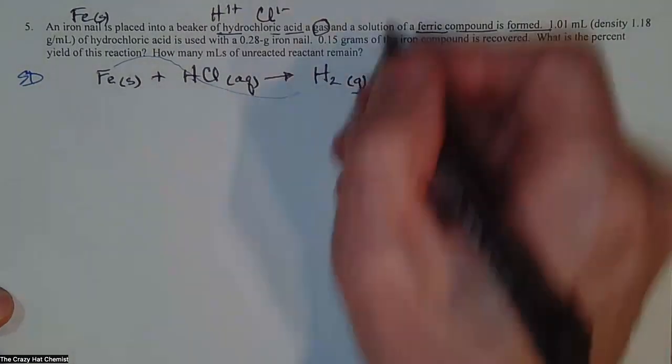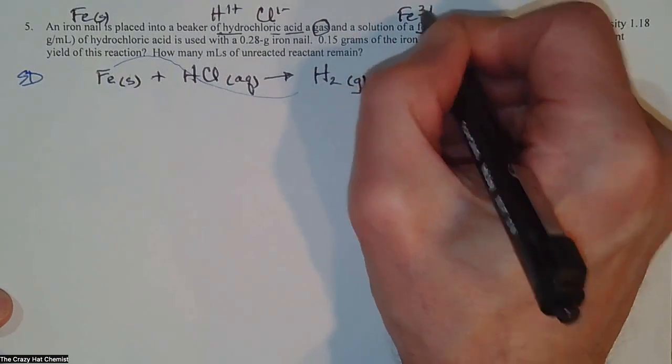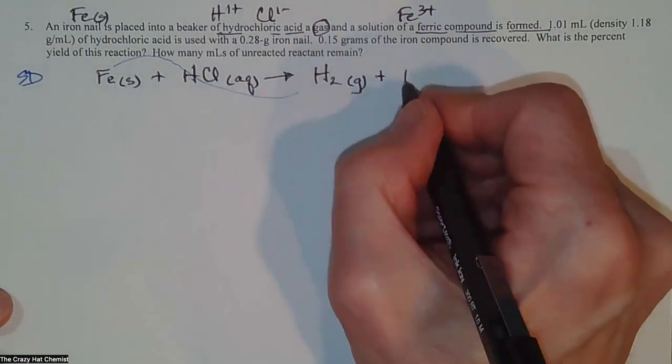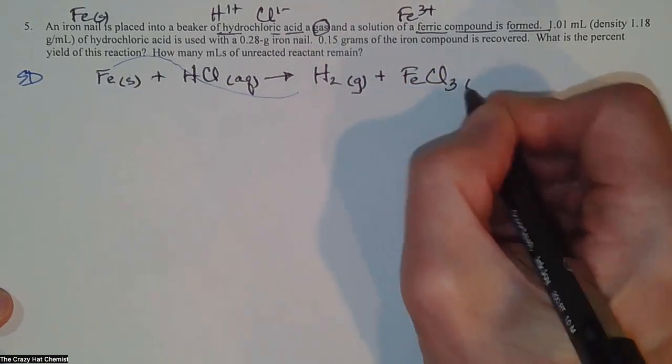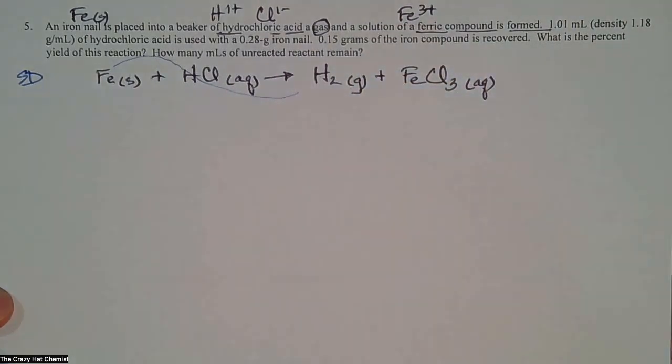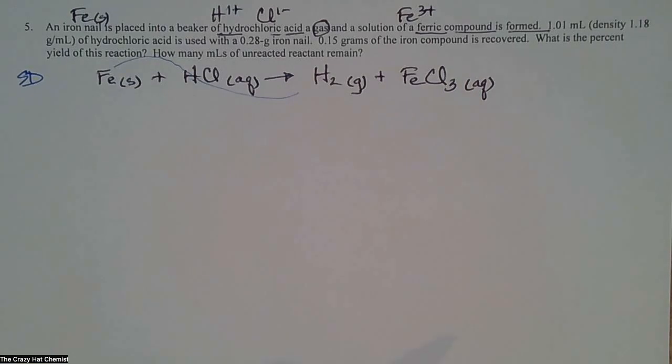It says that a ferric compound is formed. Ferric is a 3+ charge. So that means that FeCl3 is aqueous, is my product that is formed. All right, now what I need to do is balance this.